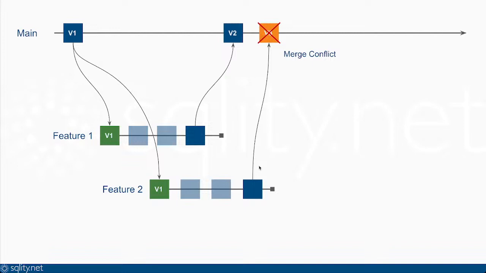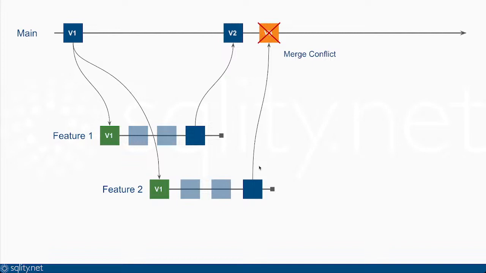Even if you change the same file, if you change in different places in that file, they can usually figure out that this is not a merge conflict and do the merge by themselves. But let's say there is a merge conflict. Now you have a broken version in main and you're holding everybody else up. That is not a good place to be.